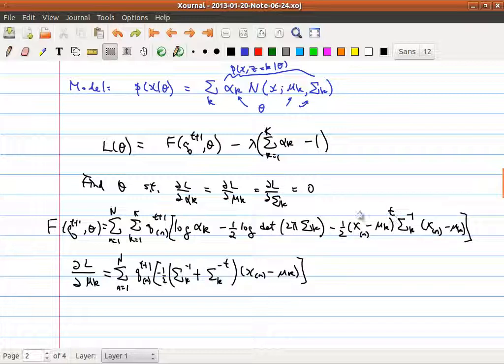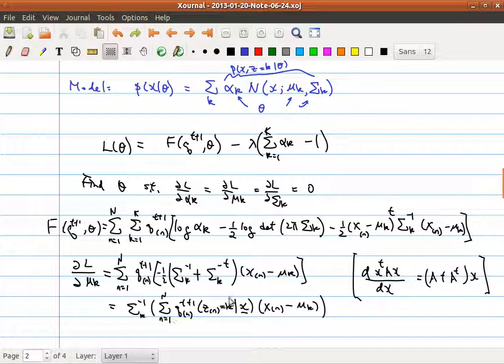So therefore the only thing we have is taking the partial derivative of this with respect to mu k. This gives us this term here, using a simple matrix derivative result: the partial derivative of x transpose A x with respect to x is equal to (A plus A transpose) x. It should be pretty easy to verify actually.